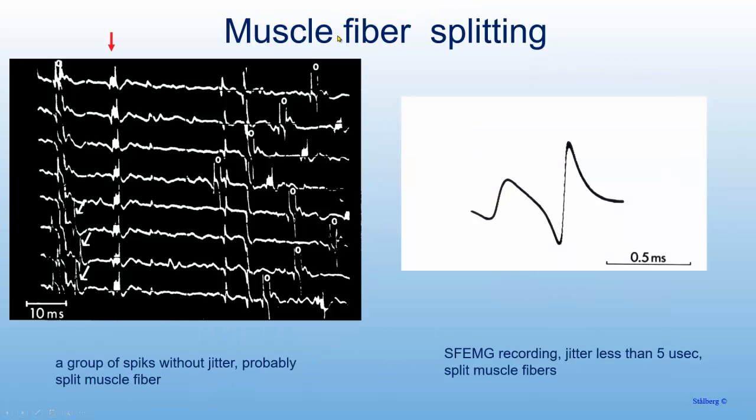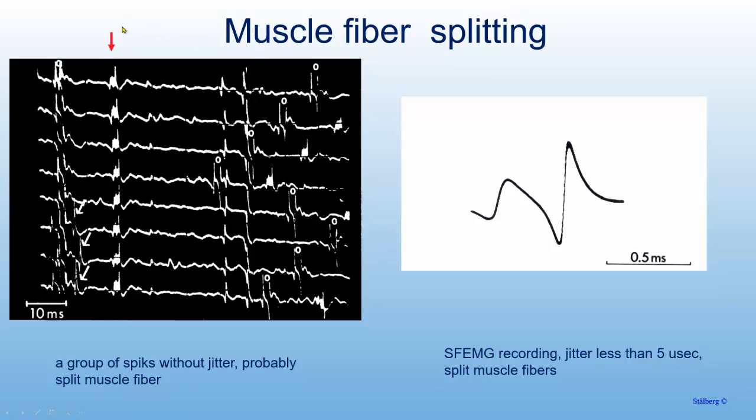Then another thing is muscle fiber splitting. We sometimes, in biopsies from patients with myopathy, see a slight tendency to grouping, and the explanation for this may be muscle fiber splitting. That means that a muscle fiber has a longitudinal split, and it can create 2 branches, 5 branches, even 10 branches.